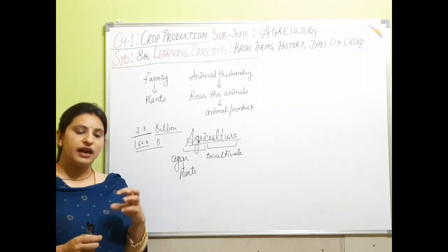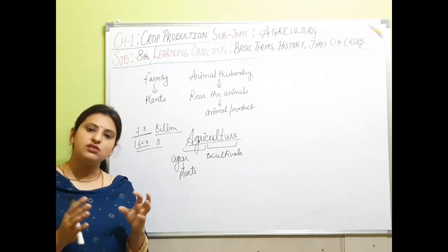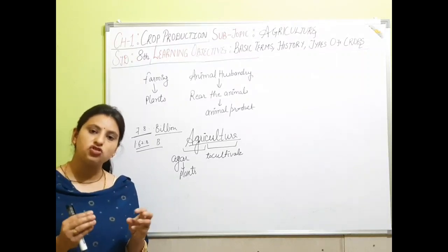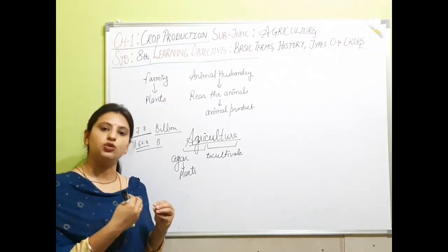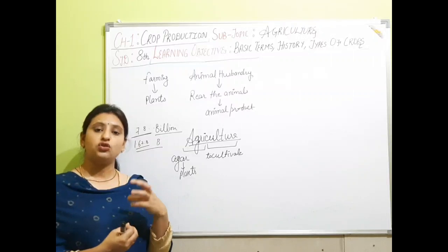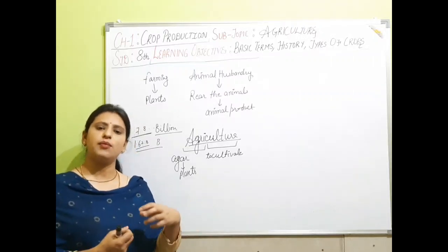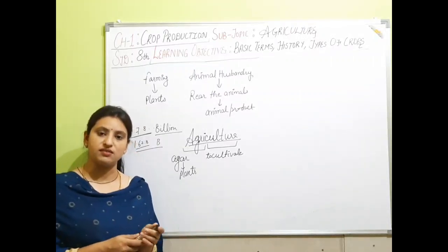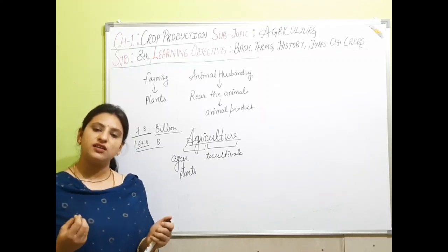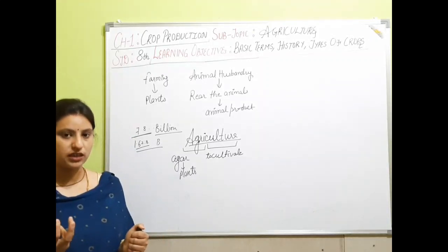At that time food and animals were very large in number, but slowly, as human beings reproduced and their number increased, some lacking of food took place.